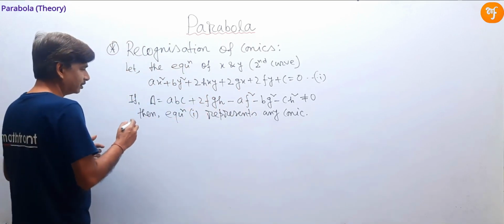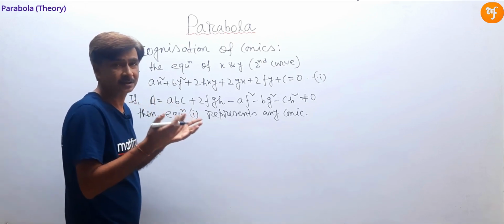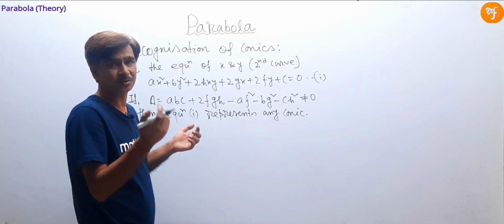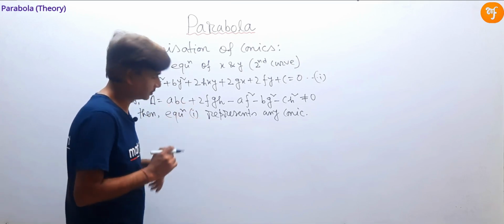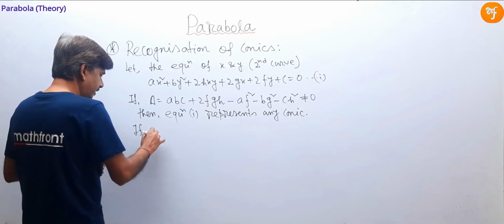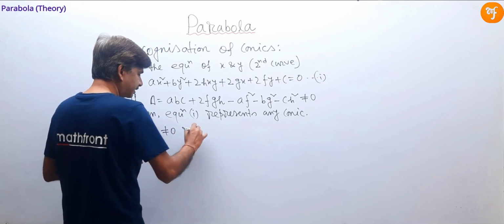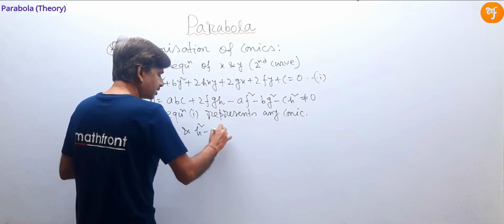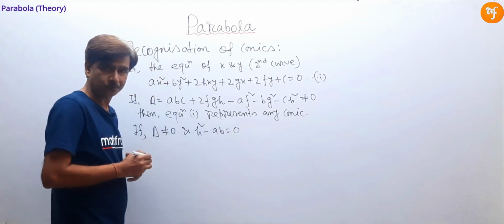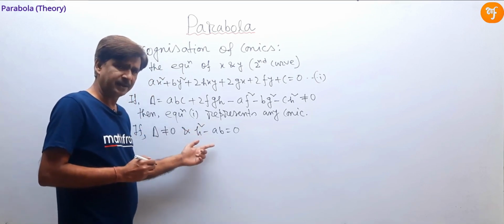So look, we need to further find out a value which is equal to h square minus ab for this purpose. So if delta is not equal to 0 and the value of h square minus ab is equal to 0, h square minus ab may be positive, may be negative, may be 0.